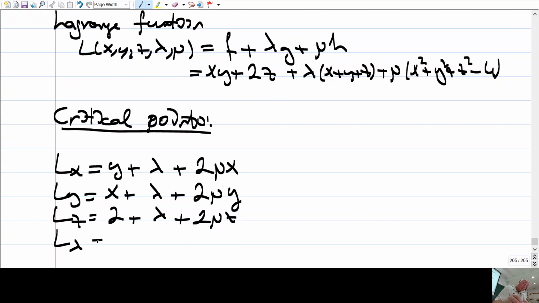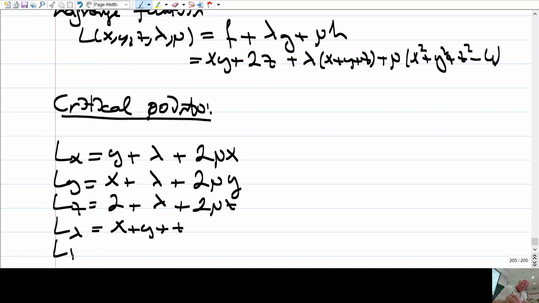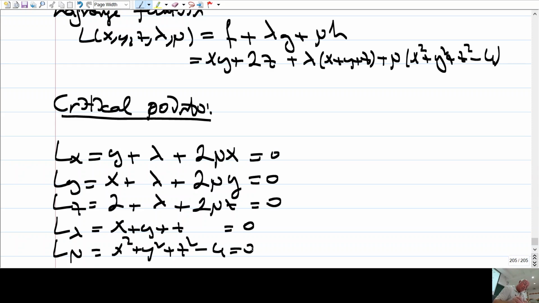L lambda is just x plus y plus z. L mu is just x squared plus y squared plus z squared minus 4. And you equate all these to 0 to find the critical values. All right.